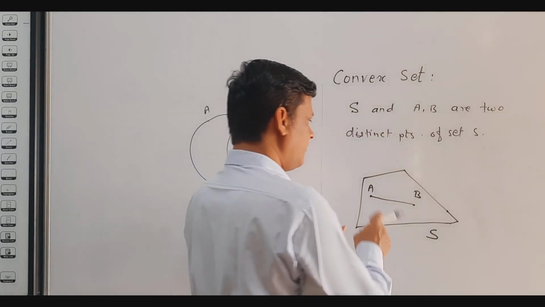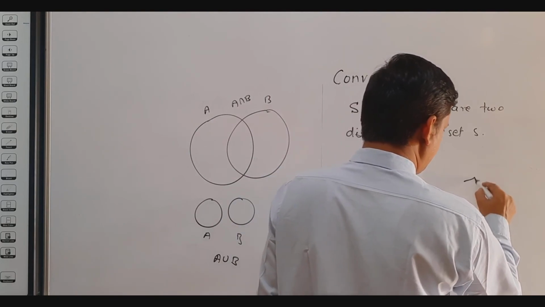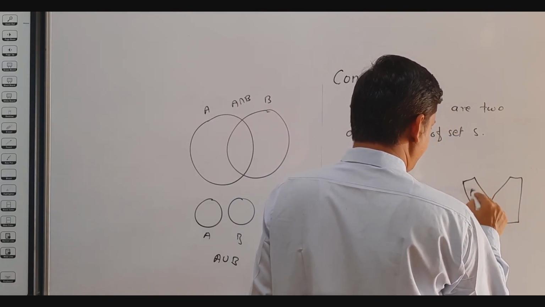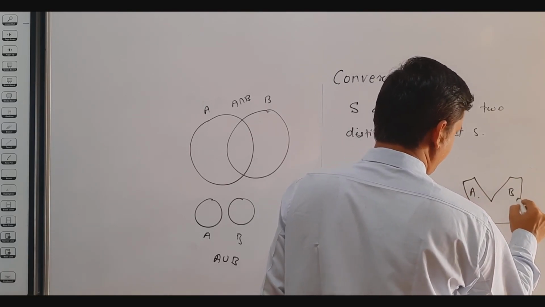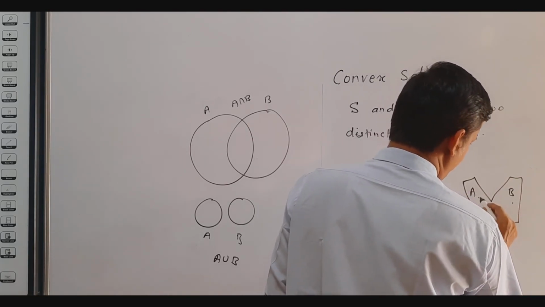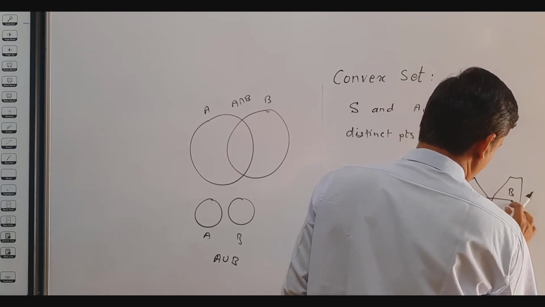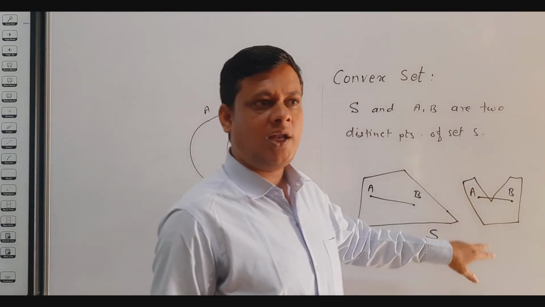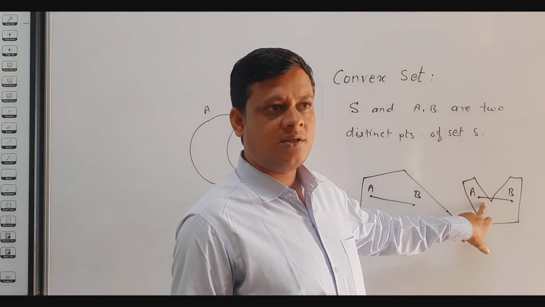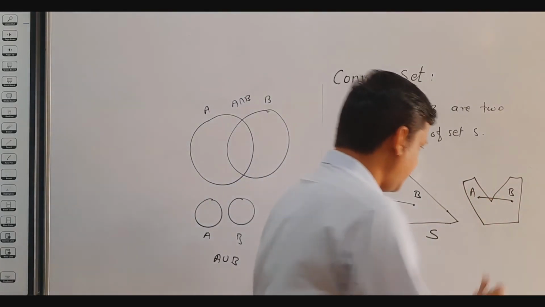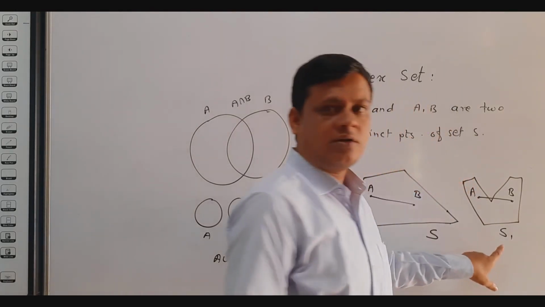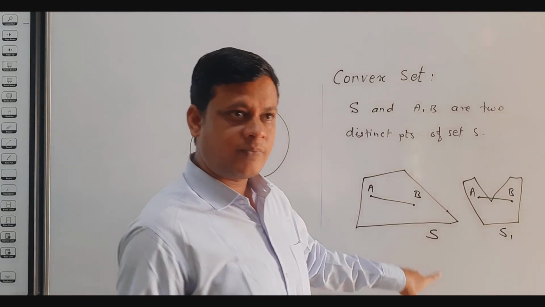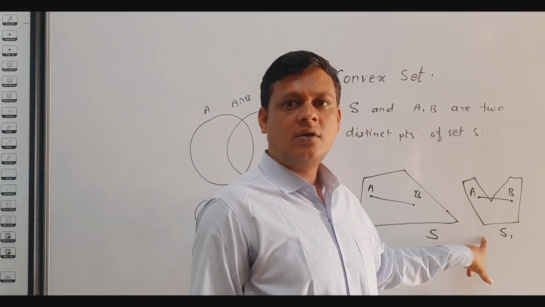If we consider instead of this a closed curve like this, and we join these 2 points, this segment AB does not wholly lie in this set S1, that means this set S1 is not a convex set. So this set S is a convex set, this set S1 is not a convex set.